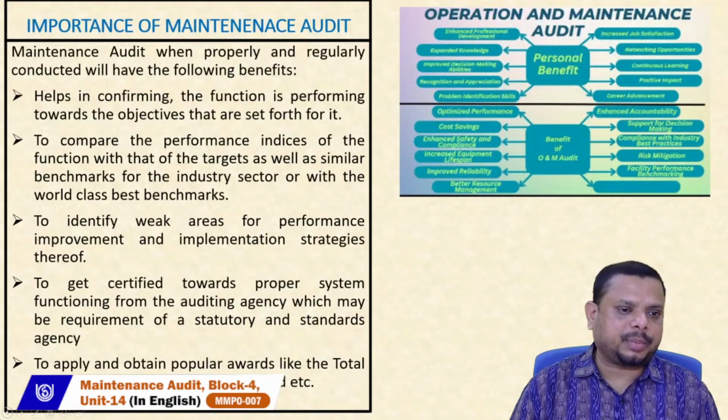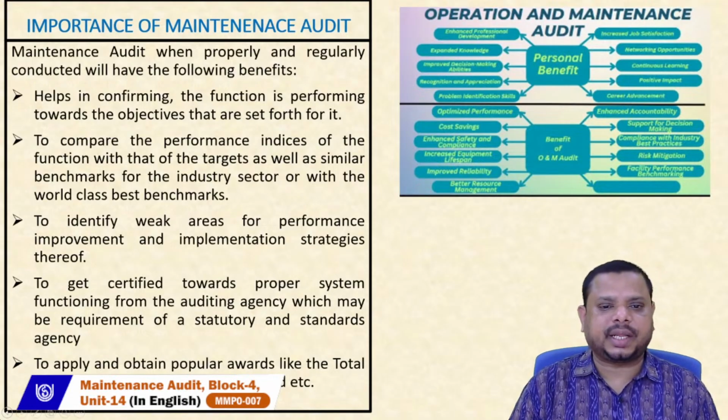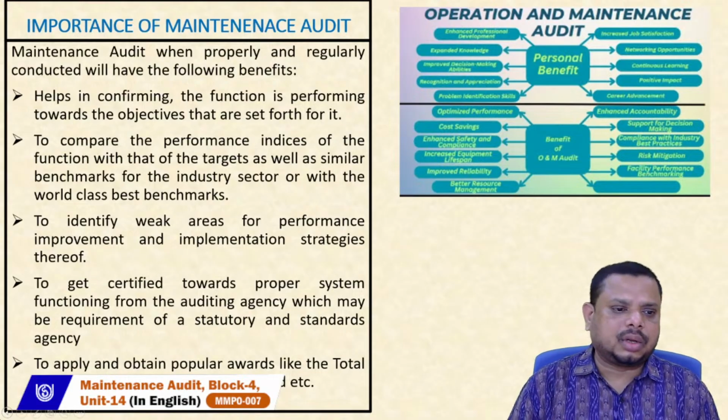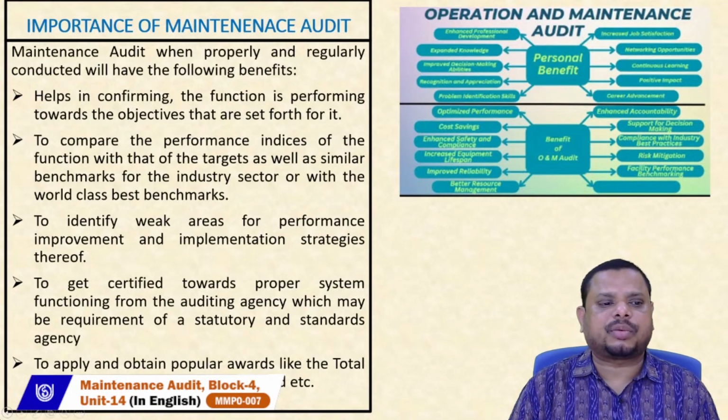The second important point is to compare the performance index of the function with that of targets, as well as similar benchmarks for the industry sector or with the world-class benchmark. That is why many companies have implemented ISO 9000, ISO 14000, ISO 18000 inside their organizations. The next important point is to identify the weak areas for performance improvement.